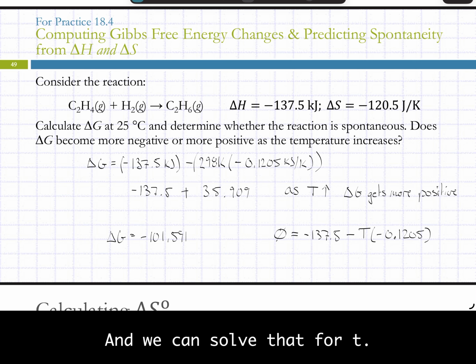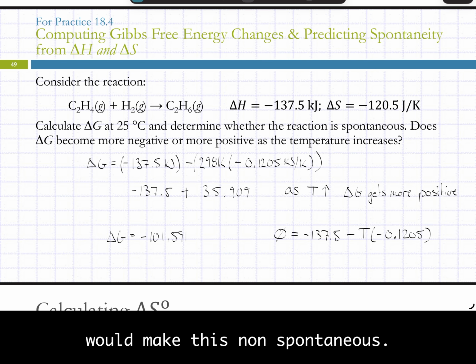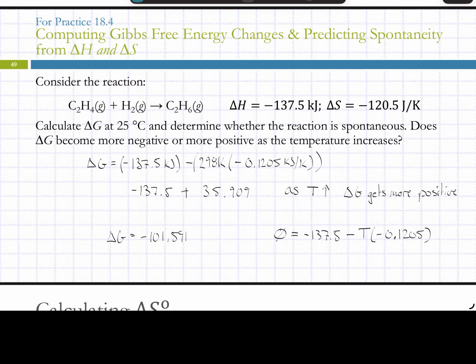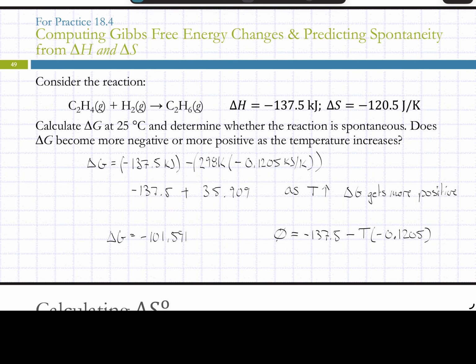And then we can solve that for T. And then any temperature larger than that would make this non-spontaneous. And now I do want to know what that is. It's 1,141 Kelvin. It's very hot.